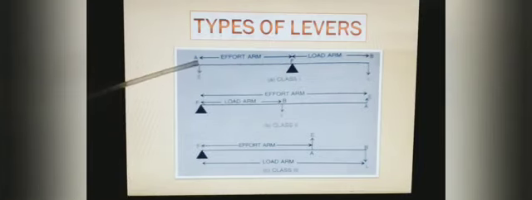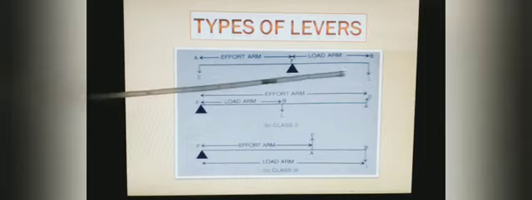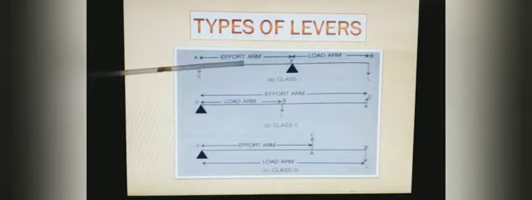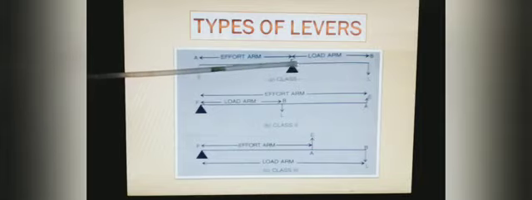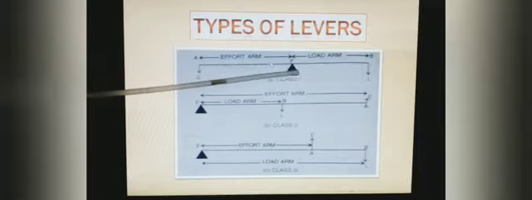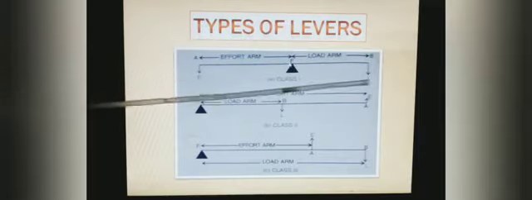This is the simplified diagram of a class 1 lever. If you have to draw a simple diagram of a lever, then you have to draw a straight line and then mark the position of fulcrum, load and effort. In class 1 lever, fulcrum comes between load and effort.